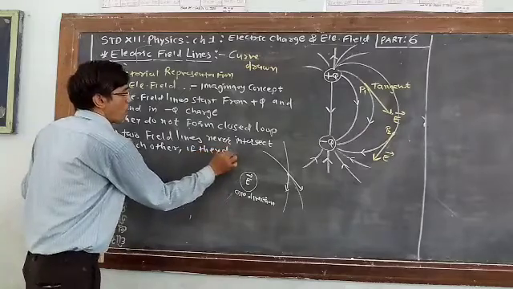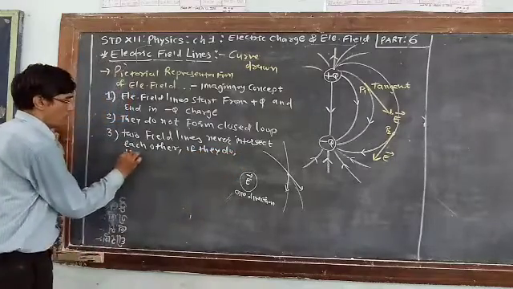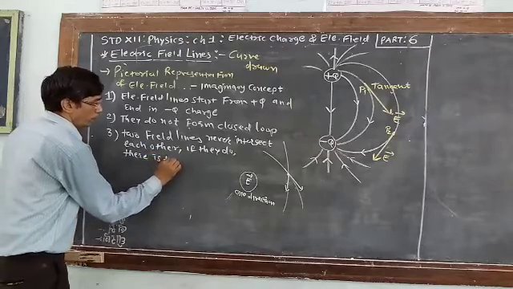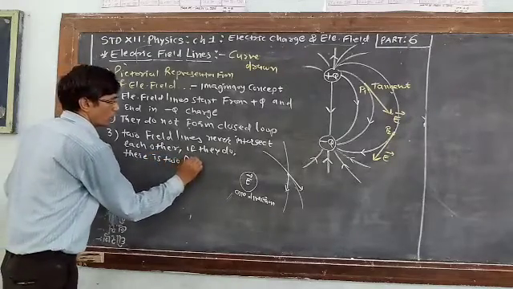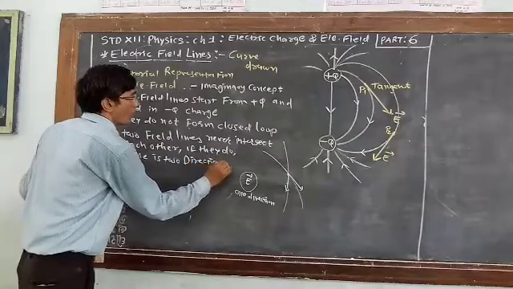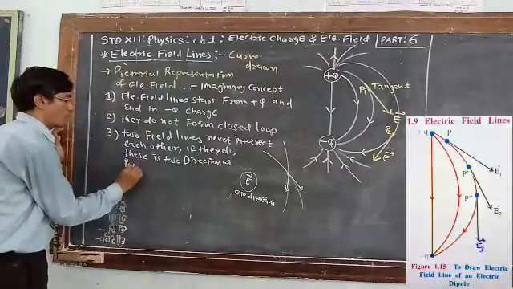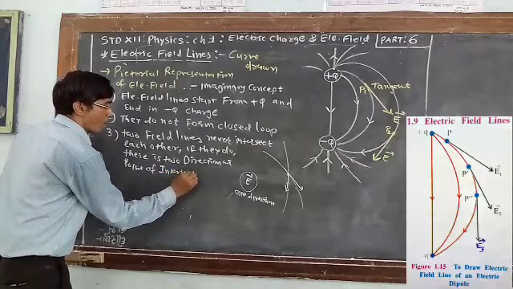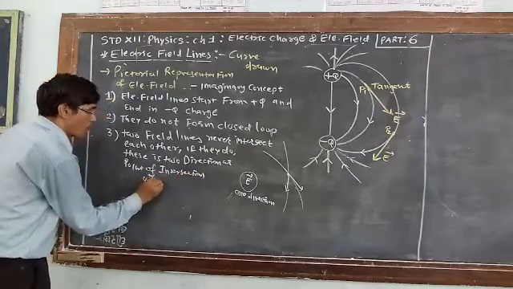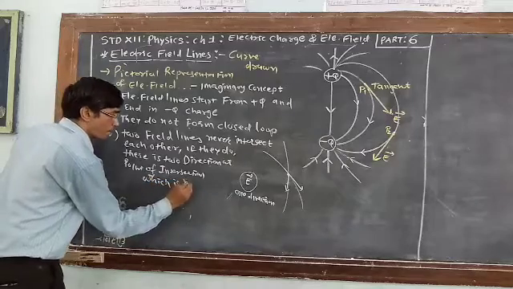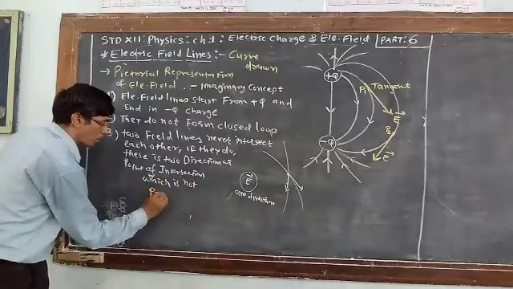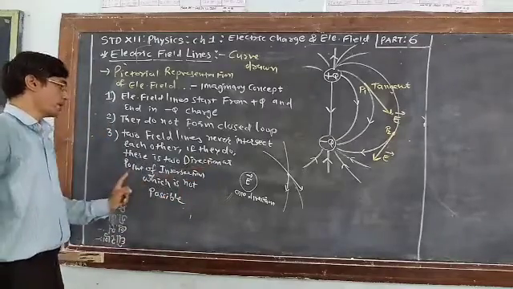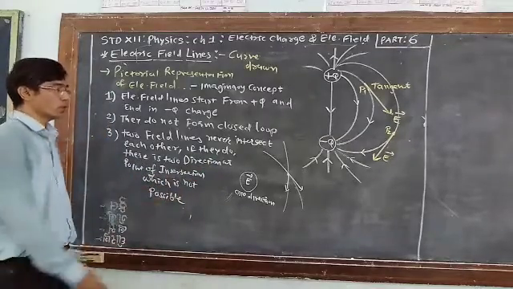If they do, there are two directions at the point of intersection, which is not possible.